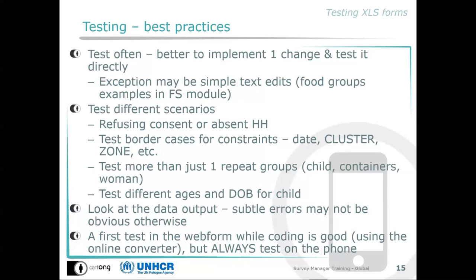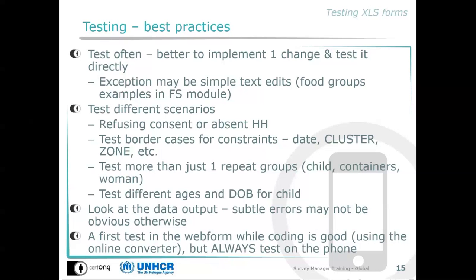Test for the border cases, just to make sure that your constraints really work as you have set them, and also that the constraint messages really work. Test more than just one repeat group, also to see whether the data that results from it actually works out correctly as well. And then, of course, for a form like the child, that you test different ages and dates of birth as well.